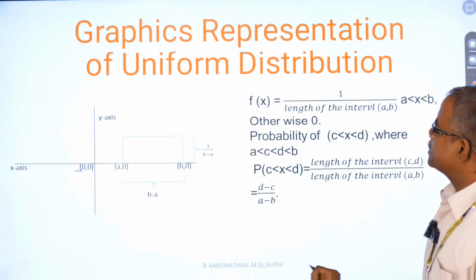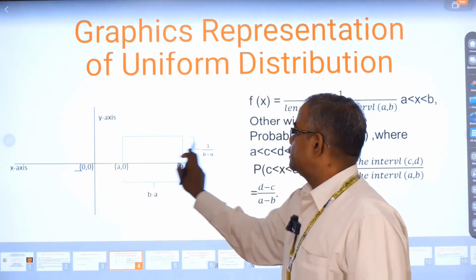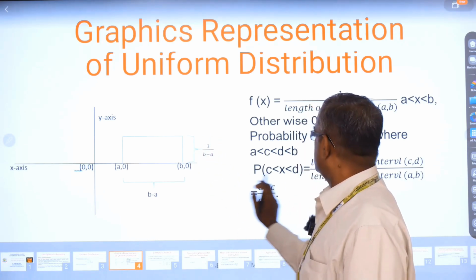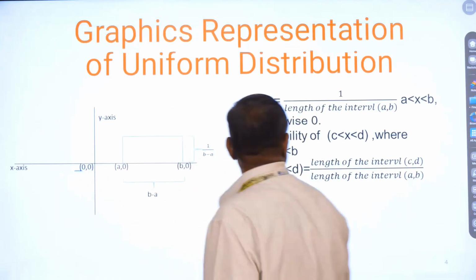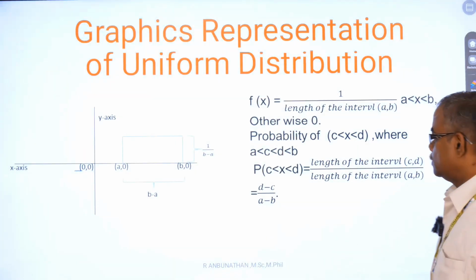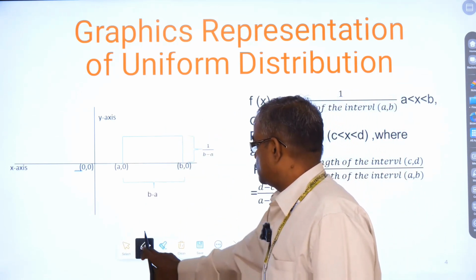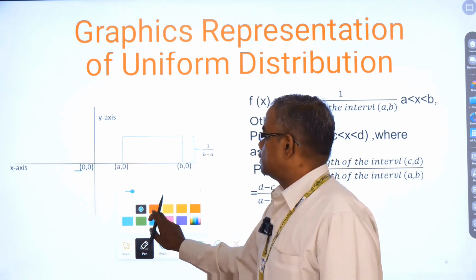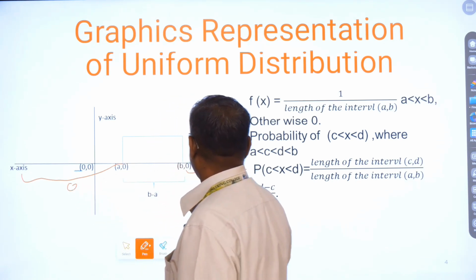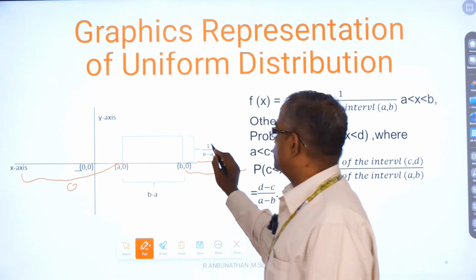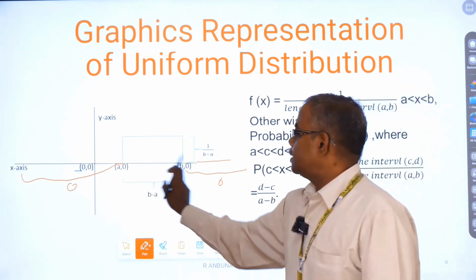This is the graphical representation of uniform distribution. We have f of x defined from a to b as 1 by b minus a, which is one over the length of the interval between b and a. At other places the value is 0.